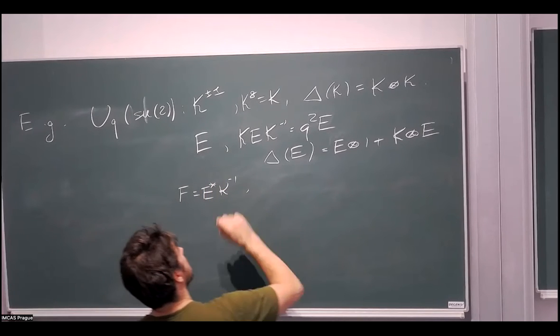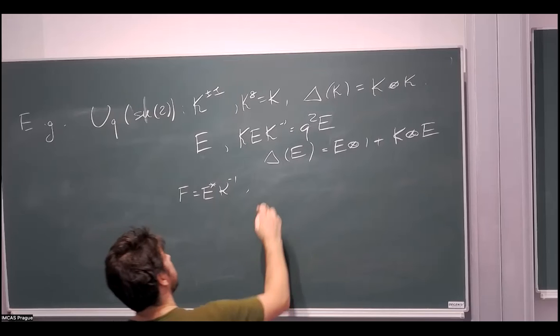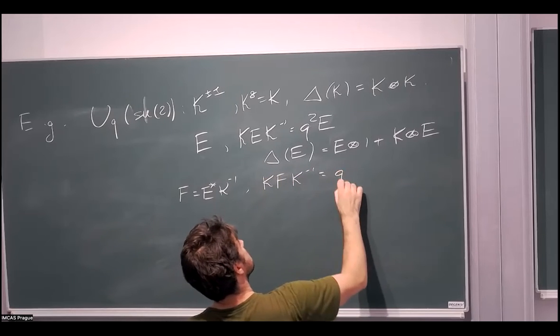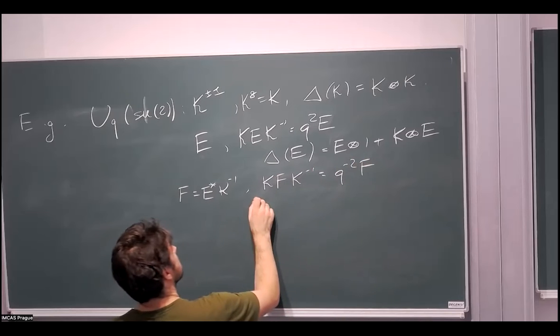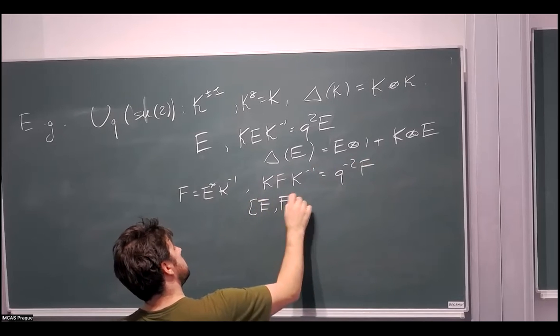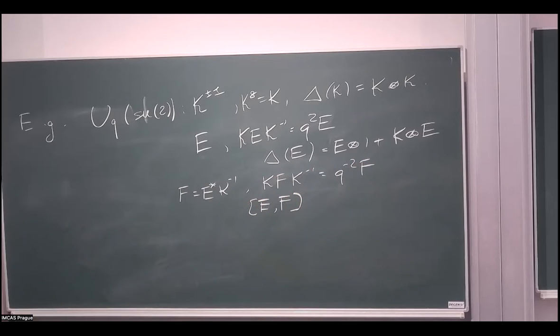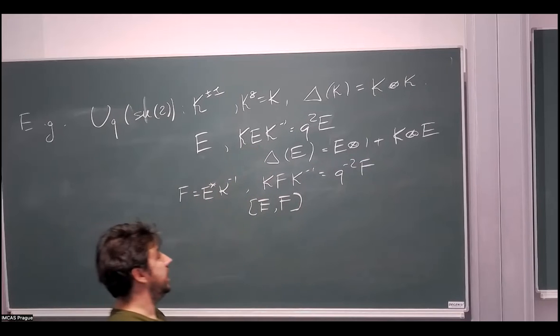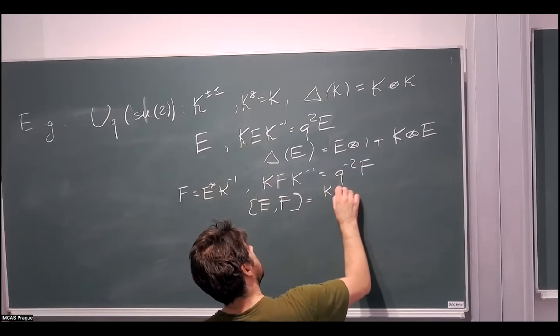And then I will have the following relations. So K F K inverse is equal to Q minus 2 F. And the important one is how this F commutes with E.